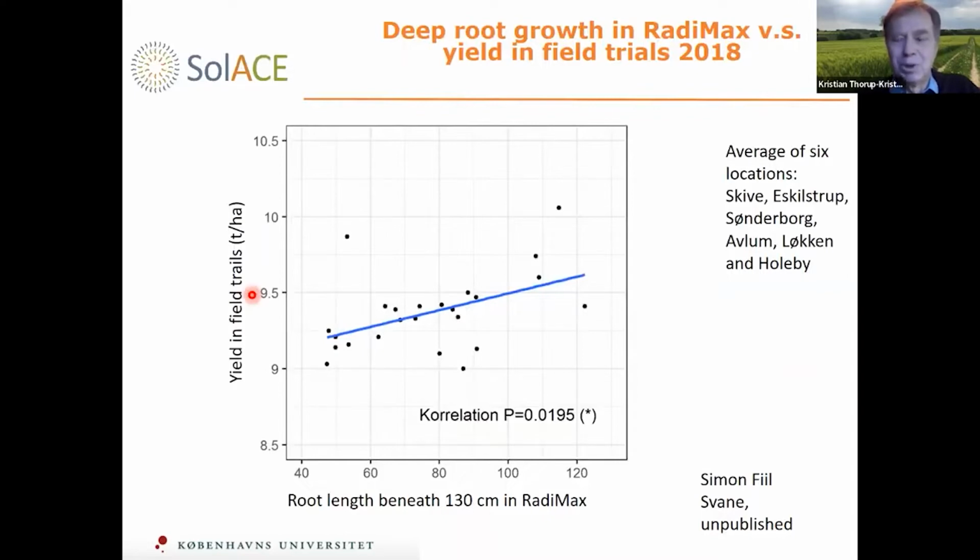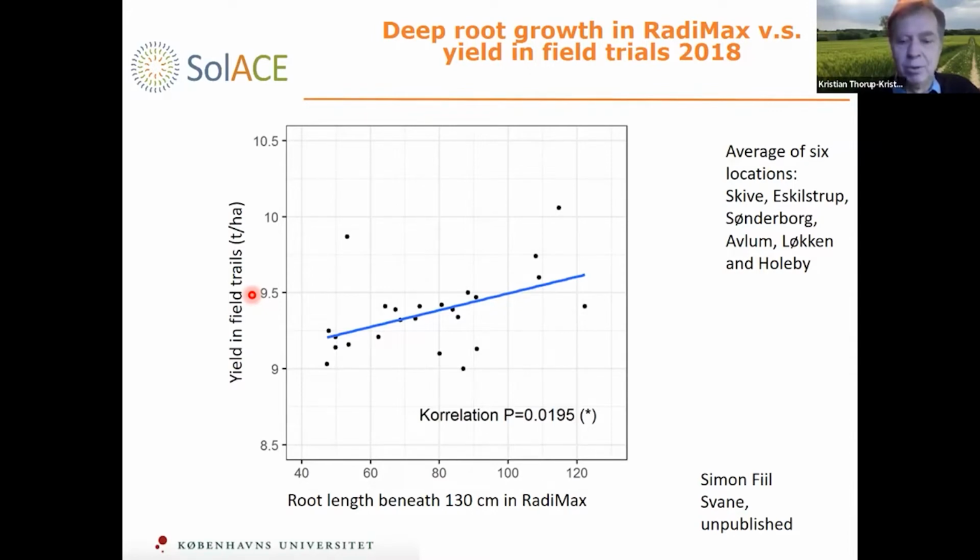One of the things we also focus on, and this is an early attempt, is of course that we want this to translate out into real fields, real yield advantages and real advantages to the breeders. In 2018, in our part of Europe, we had a very dry season. I think that was quite widespread. And Simon Fiel-Svane, who was working on the project at the time, took root data from this facility and compared them to the genotypes that were also out in farmers' field tests comparing genotypes.